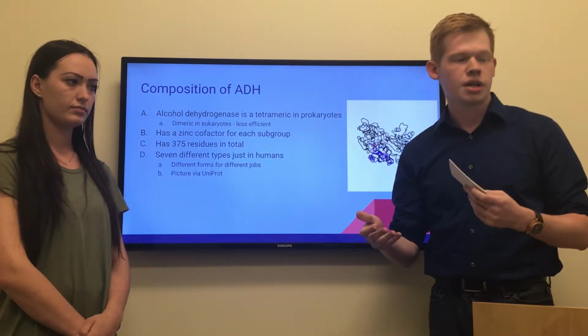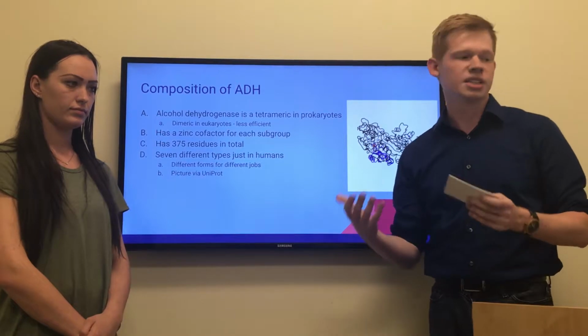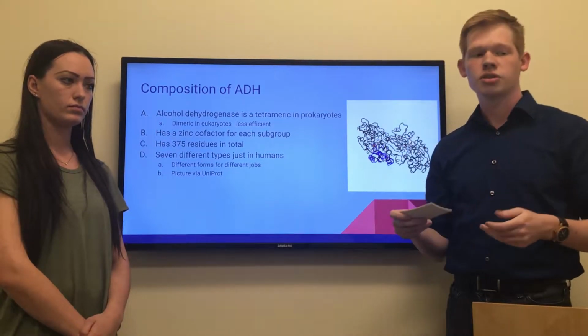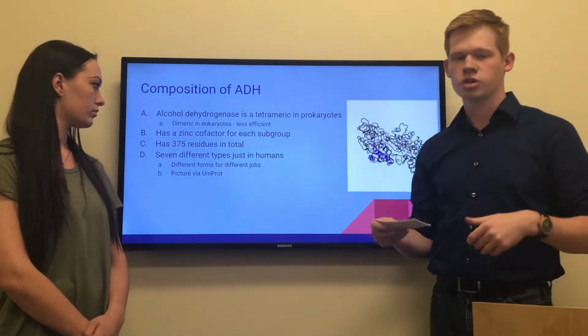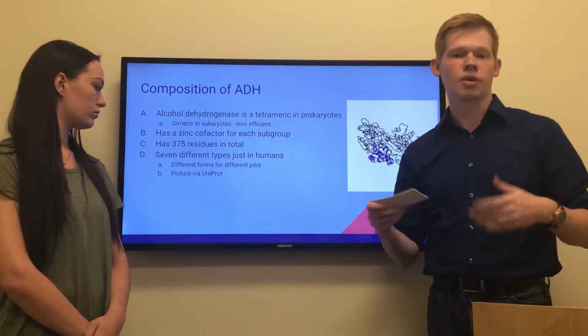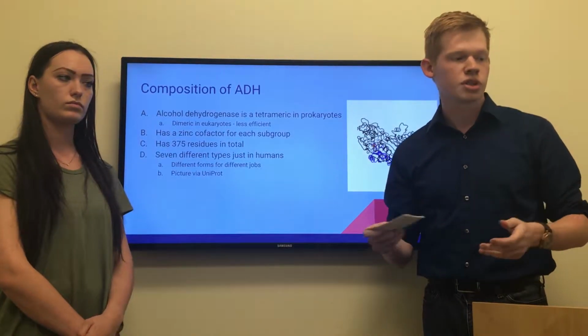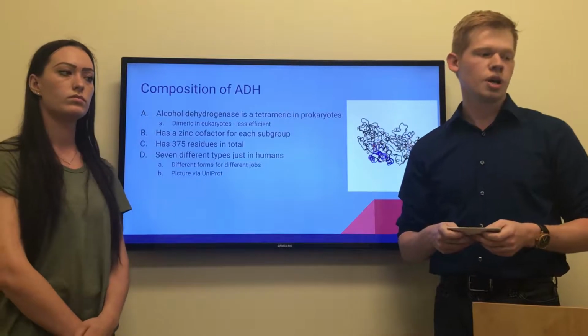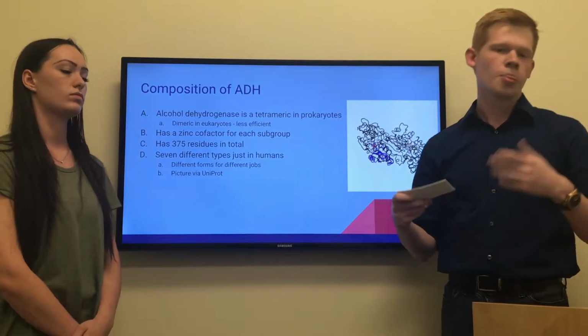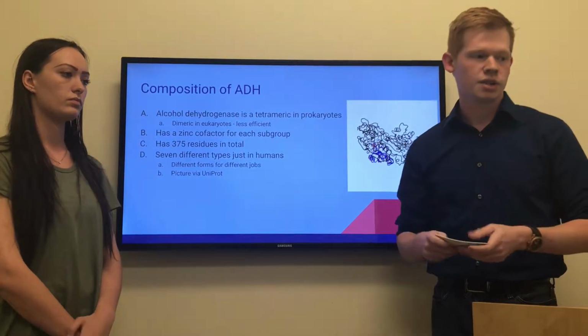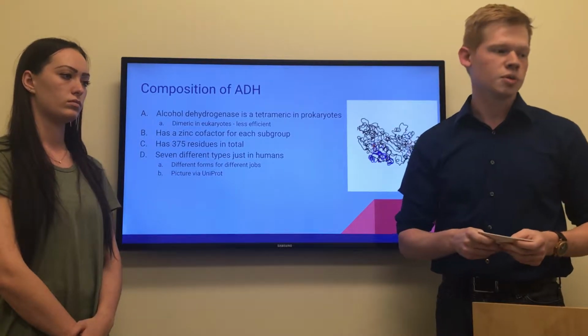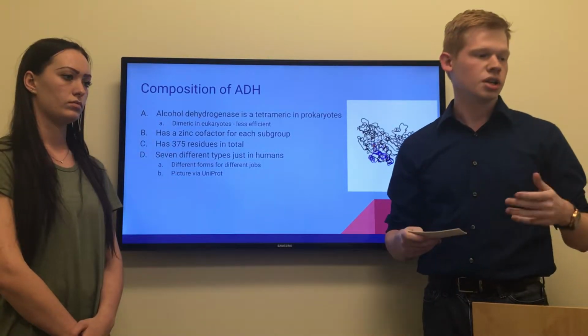But it is dimeric in eukaryotes, since we do possess it, but that means it's less efficient. It has a zinc cofactor based on our JSmol data, which shows us that we're actually right, and it has 375 residues in total, composed mostly of cysteine around the active site, which we'll see makes sense later since it helps pull in the oxygen and alcohol group.